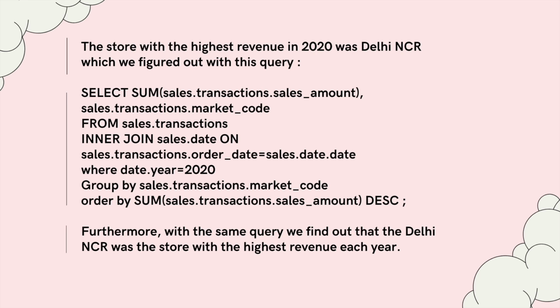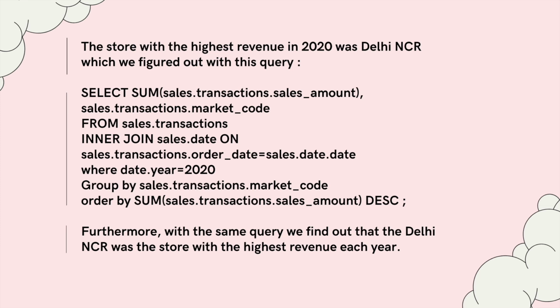We did an inner join, and by grouping the sales transaction market code, that's the one that gave us which city, and then we ordered it by the sum in descending order, so we could see which one was the first store.